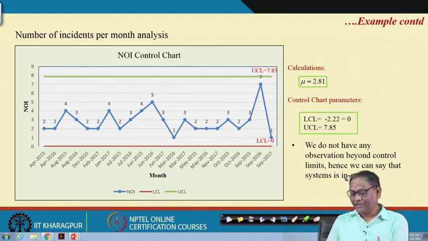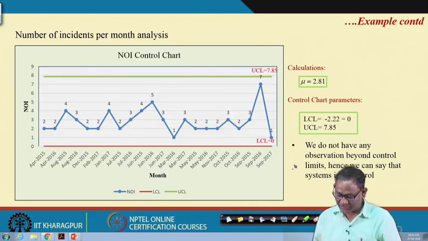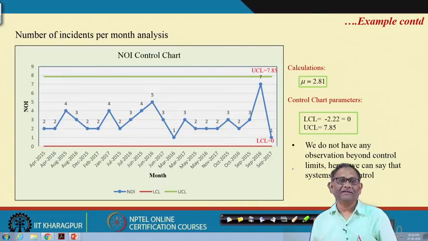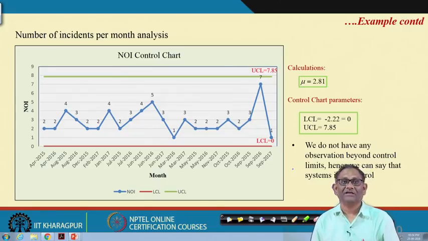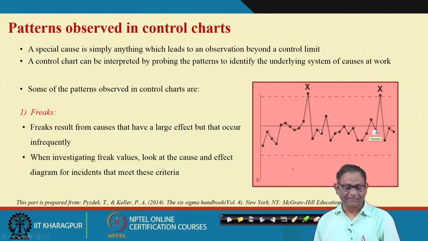Okay. Now, I will show you some general things which are applicable not only for the NOI chart or TBO chart, but for any other chart, and not necessarily related to incident data, it can be related to any other data. So, very quickly I will finish that part.